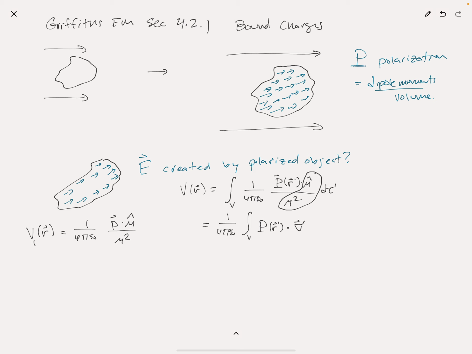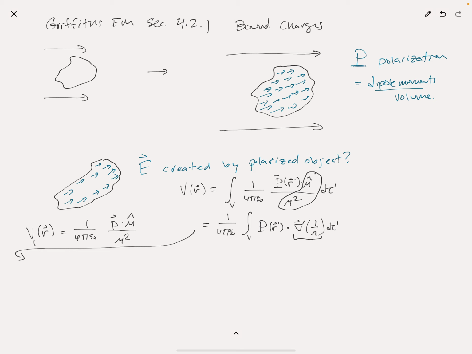I'm putting the prime because it's with respect to the prime coordinates, 1 over script r, d tau prime. And the reason for introducing this is that now you have an integral, and the integral has a derivative inside of that. And again, that smells like integration by parts. So I'm going to try to finish everything on one page here. So I'm going to move it over.